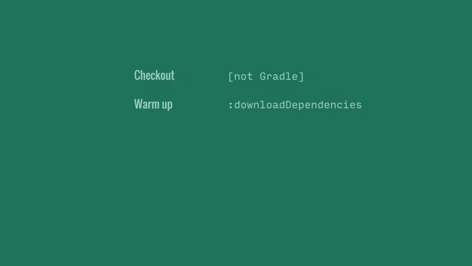We want to warm up all the caches to make sure that all the dependencies are available when everything else runs. Because doing networking is slow and we want to be as fast as possible, because who likes to wait for the PRs to become green or red? And we have a task for that, which is called download dependencies, that just does what the name says.